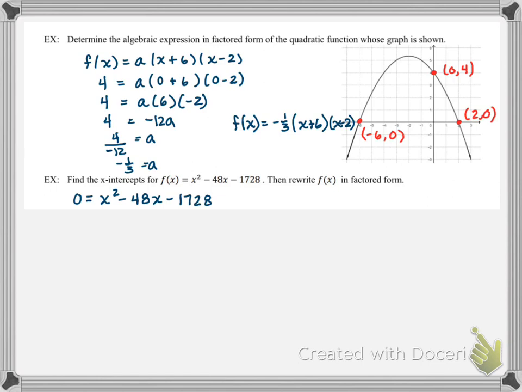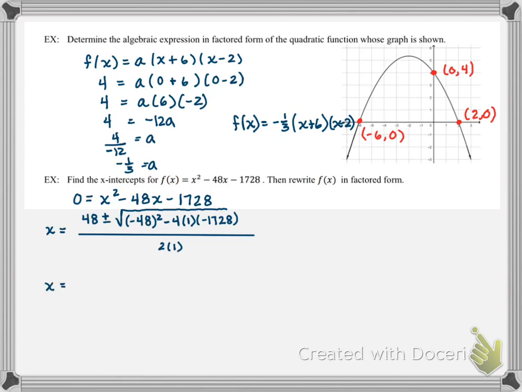So we'll do x equals the opposite of b plus or minus the square root of b squared minus 4 times a times c, all over 2a.